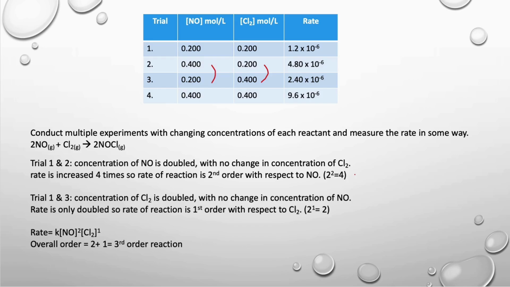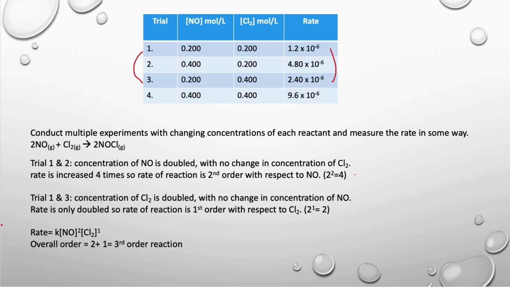I am going to have to go with trial 1 and 3, and I noticed that when I doubled the concentration of chlorine, the rate of the product I was yielding doubled. So I know that this is a first order reaction.